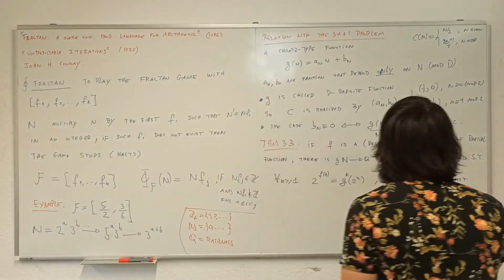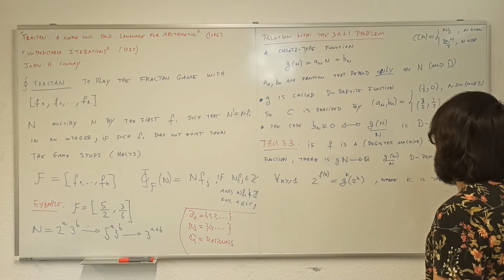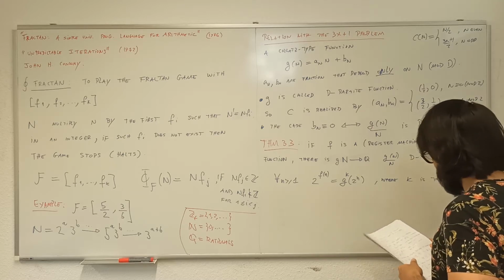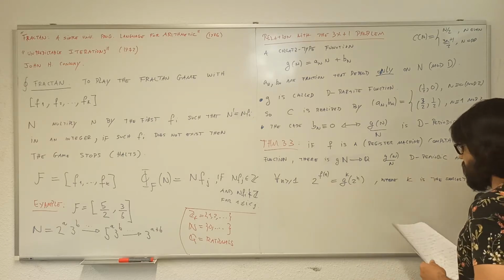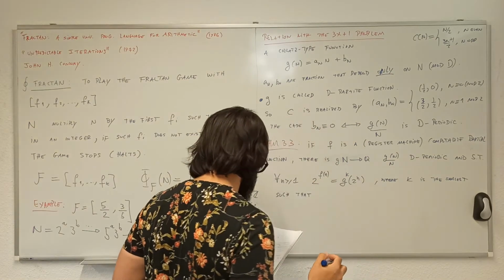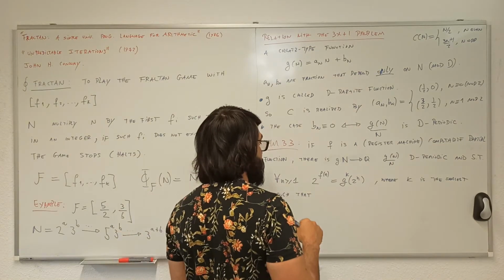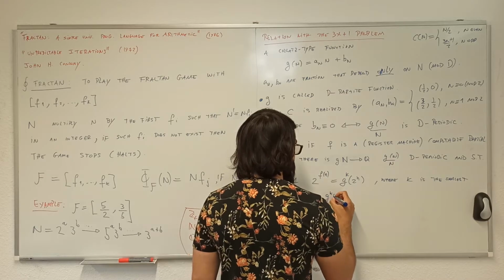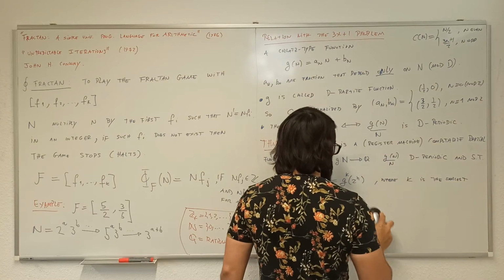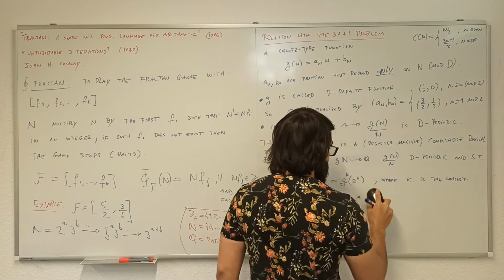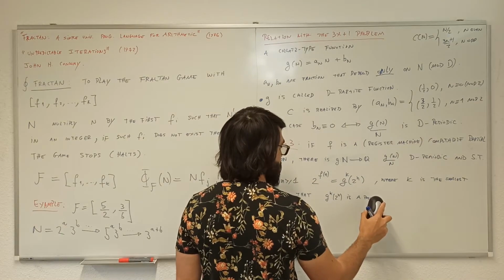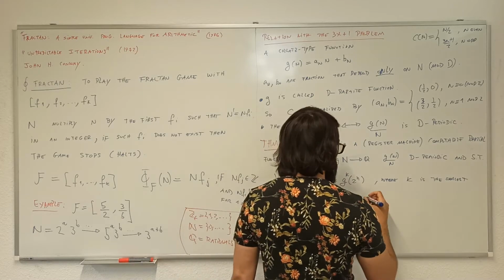Where k is the smallest such that g^k of 2^n is a power of 2.